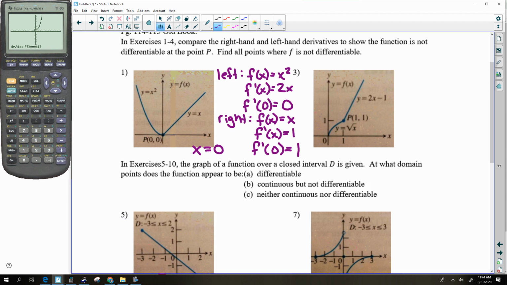Okay, here the obvious matter is when x is equal to 1. So again, let's go with the left-hand derivative. The left of that point is the square root of x, or aka x to the 1/2.